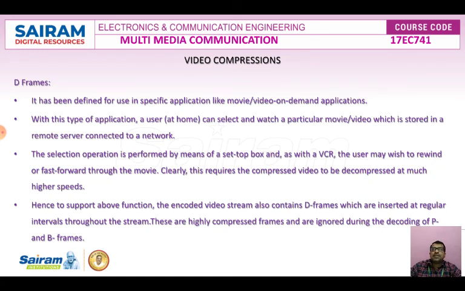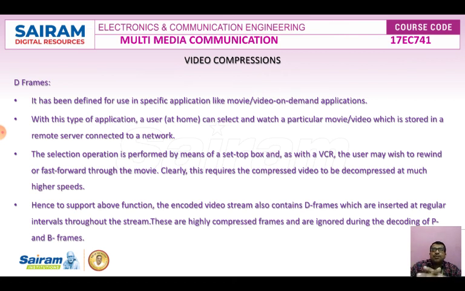And the D-frame is defined for applications like movie or video on demand applications. With this type of application, the user at home can select and watch a particular movie which is stored in a remote server connected to the network, like Netflix and Amazon Prime.